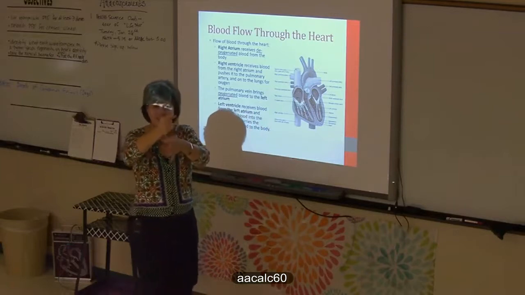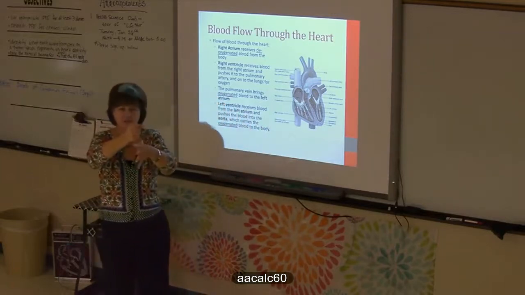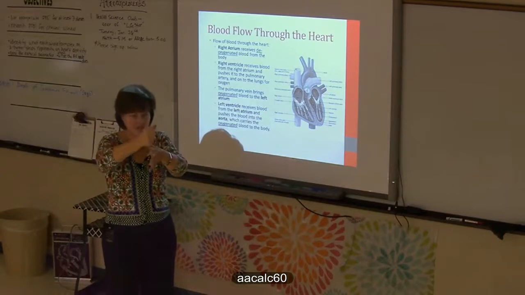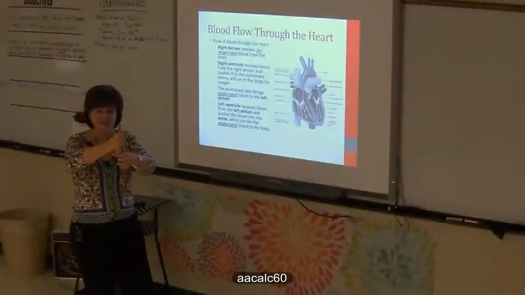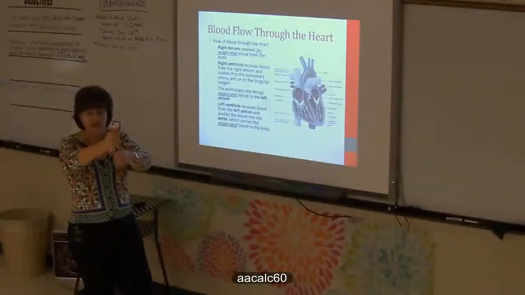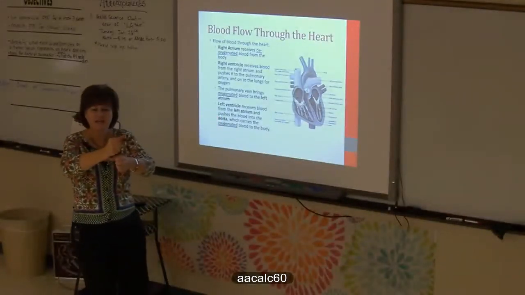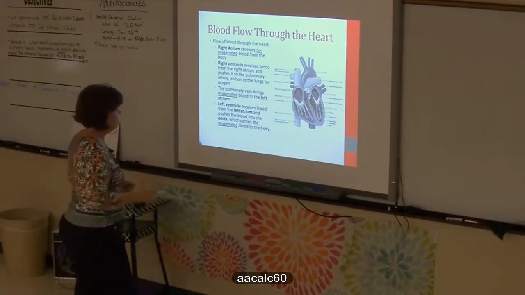So it's constantly the atria on top and the ventricles on the bottom. It squeezes the blood down into the ventricles, then the ventricles squeeze it out to the body, and the atria receive more blood. That's what your heartbeat is. That's what happens every single beat since the time you were about 8 weeks old in your mommy's uterus.